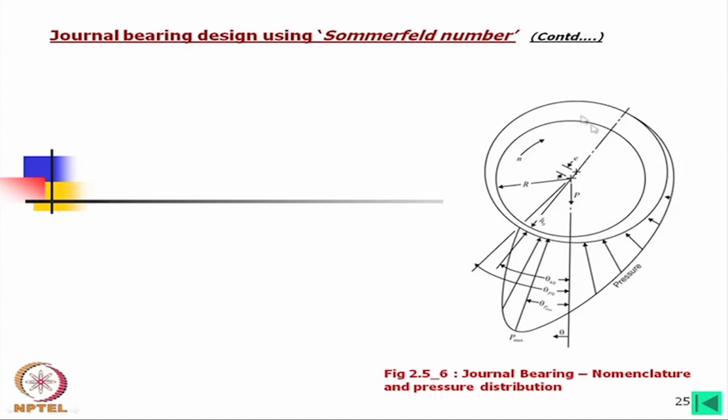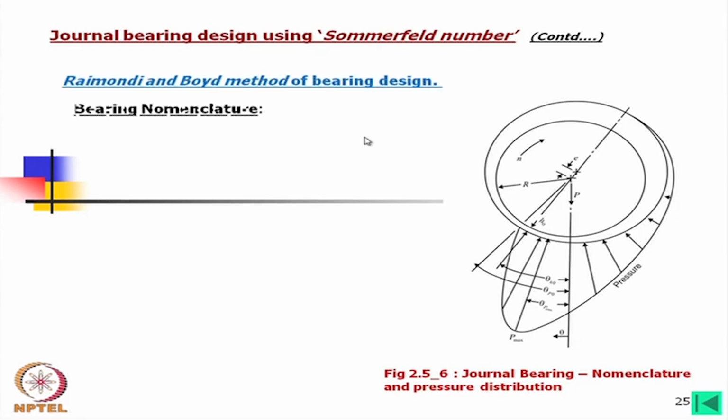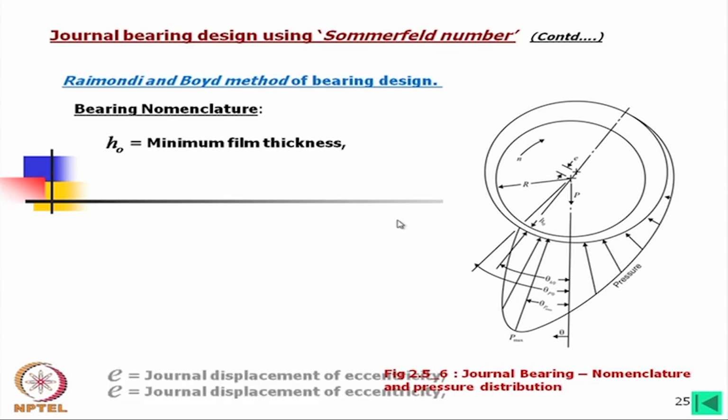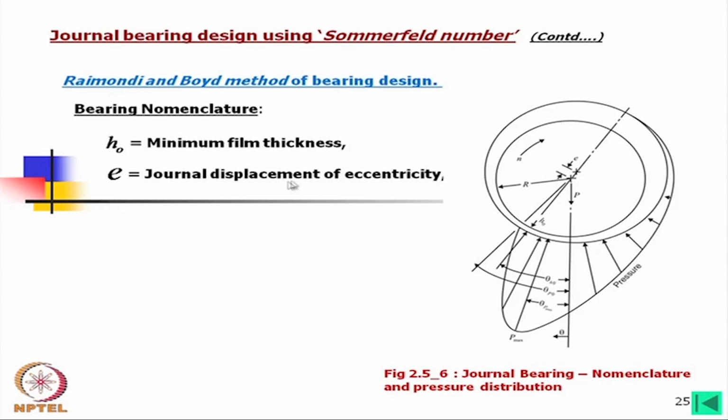Now, in a bearing, actually what happens, if you look into this, when it is operating, you will find there will be a minimum film thickness H 0, and E is the journal displacement, this eccentricity, and there will be an eccentricity ratio.